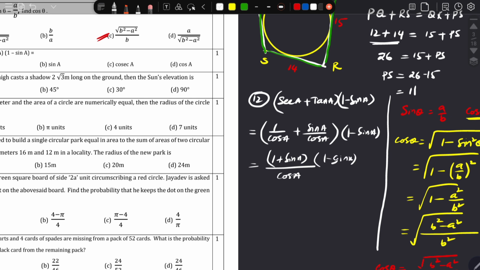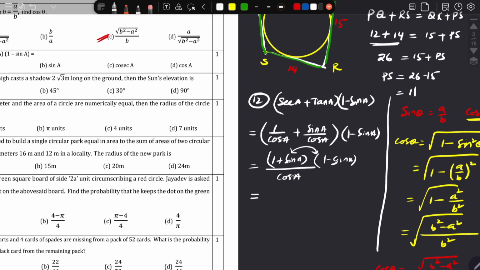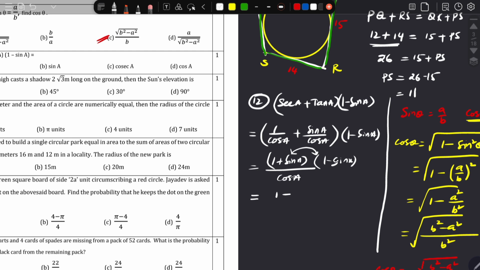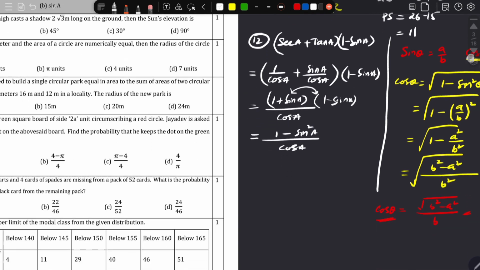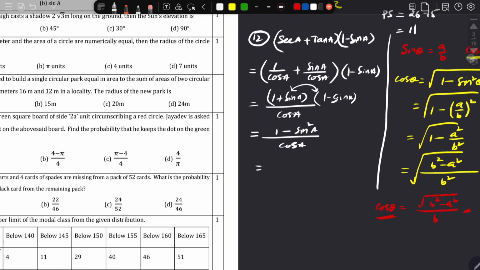So it looks like A plus B into A minus B, so we get A square minus B square. A square means 1 square, which is 1 itself, and minus sin square A. Denominator is only cos A. Then 1 minus sin square A: we have the identity sin square A plus cos square A is equal to 1.